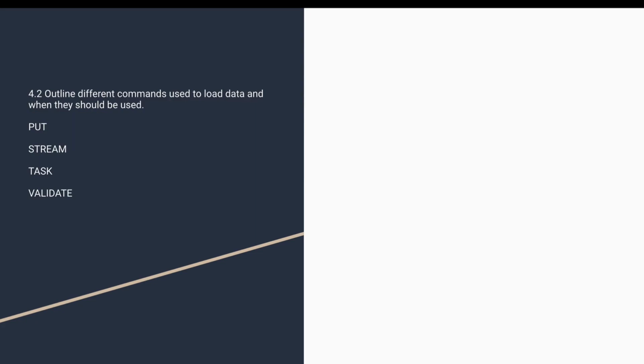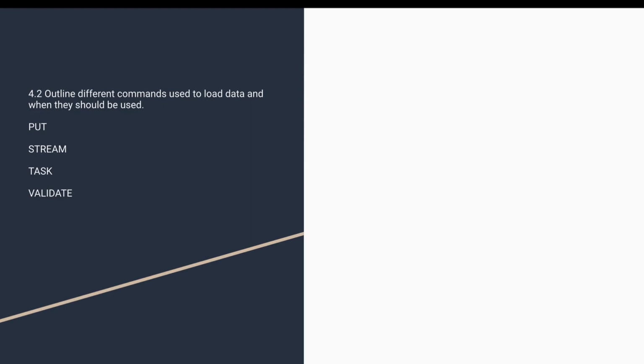Okay, outline the different commands used to load data and when they should be used. So now we have just seen put. We use put when we need to load the data from your local machine to the internal stage. To use the put command we should have SnowSQL installed on our machine.